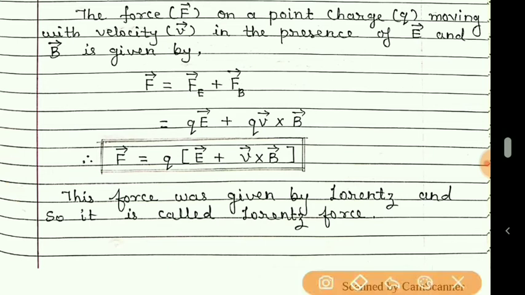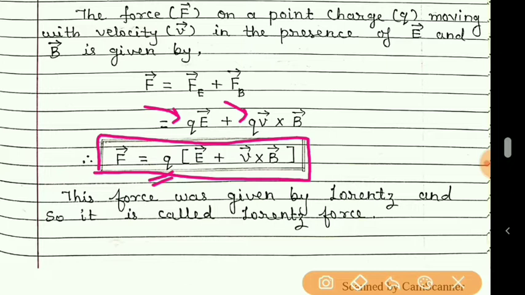And so to obtain that resultant force F, here Q is taken out common. So it is here and remained inside these terms. This force was given by a scientist named Lorentz, and so it is called Lorentz force.